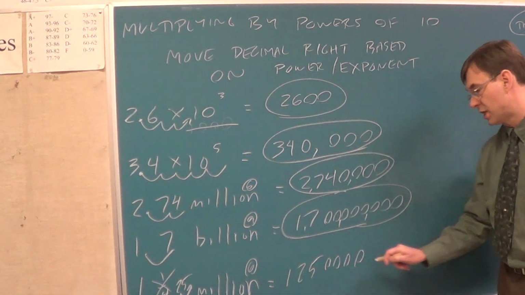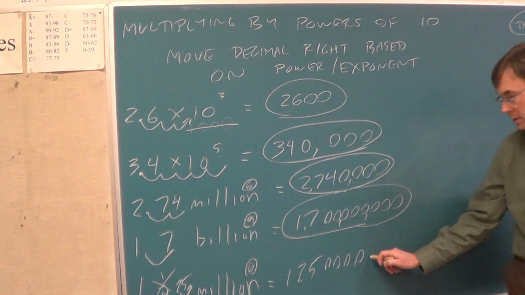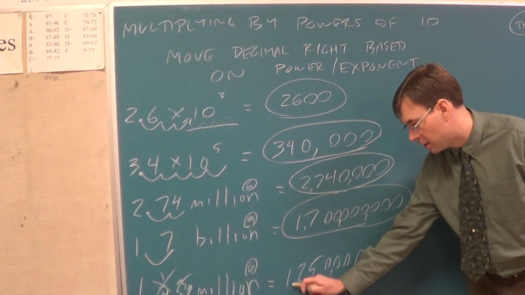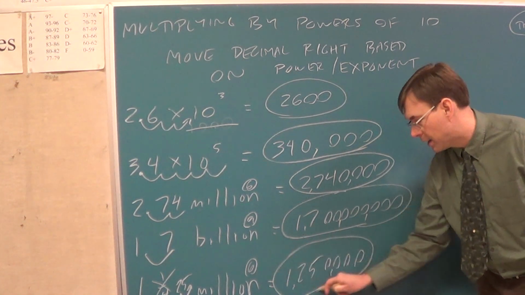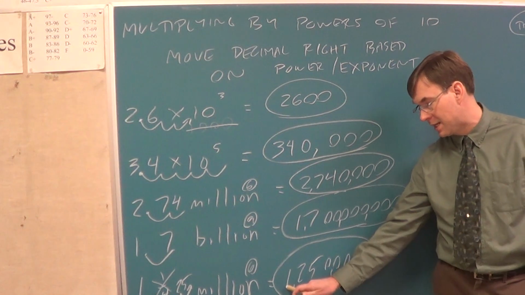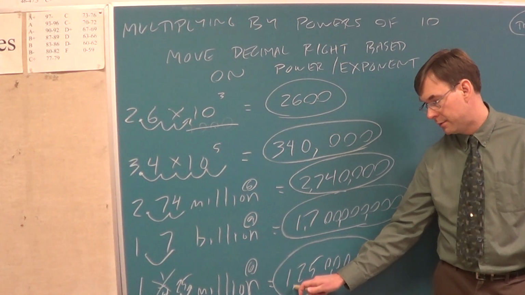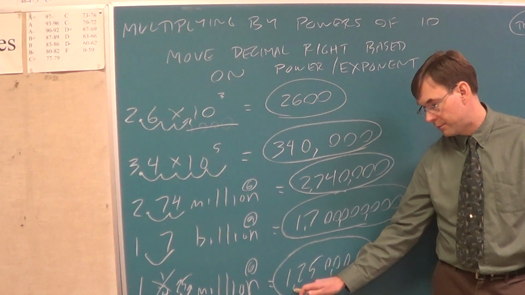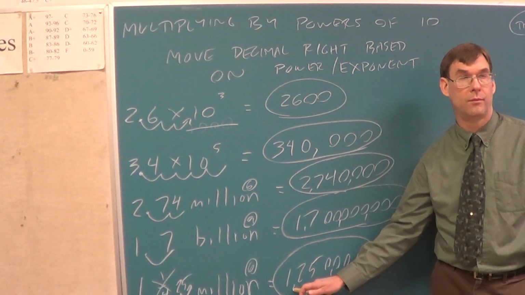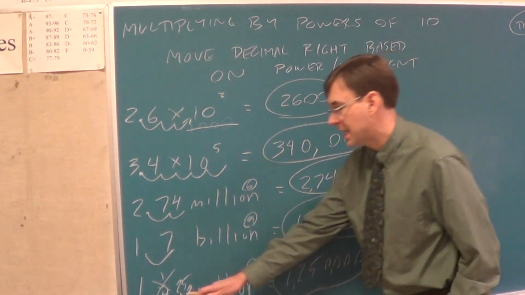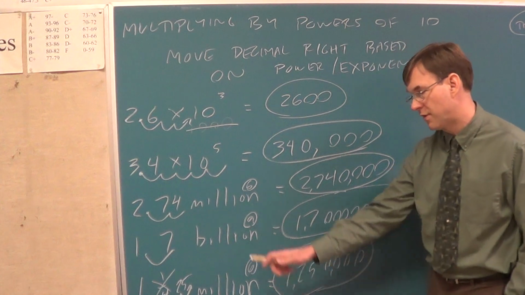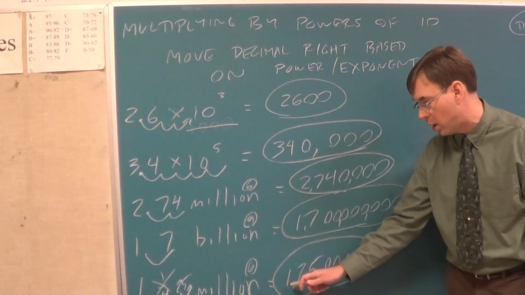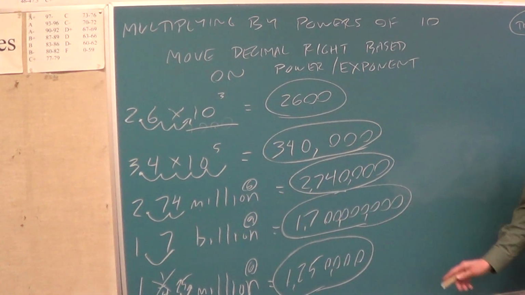Then 4 more zeros. And then we need commas. So 3 spots comma, 3 spots comma. And that makes sense because if you read this, it's 1 million. And this had 1 million. So if that had 1 million, we should have 1 comma and then some more stuff.